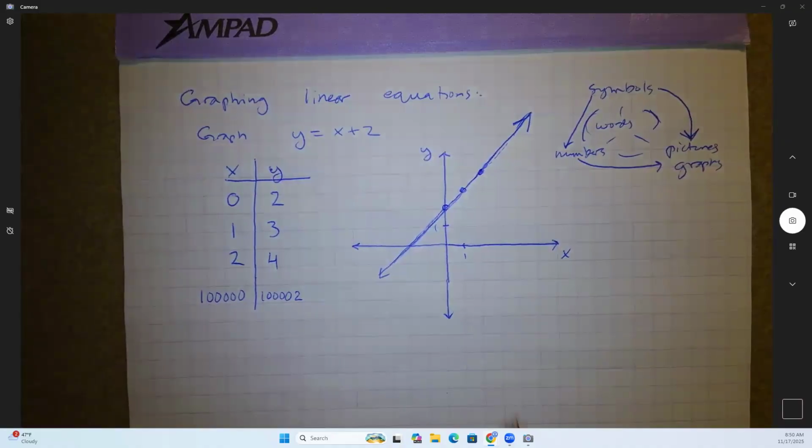And so if this picture could go to the right for a super, super long way, that line would still continue. And so to show that, we put arrows on the ends of our lines. And sometimes graphing systems don't put the arrows. Like in your homework, I don't think it'll have an arrow on the end of the line. In Desmos, it doesn't put an arrow on the end of the line.